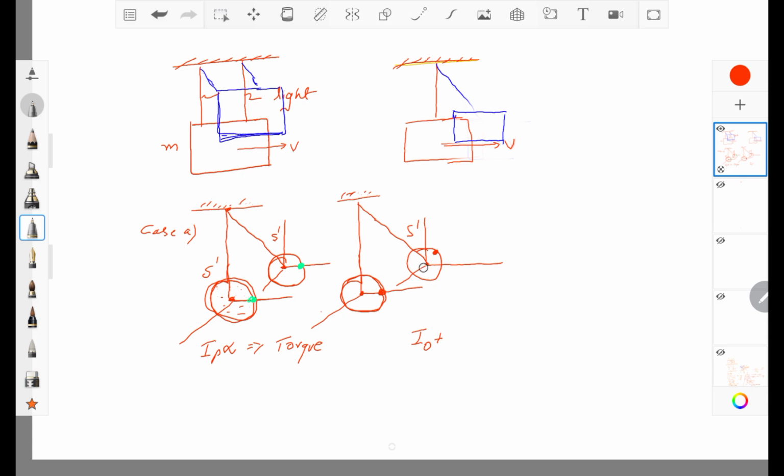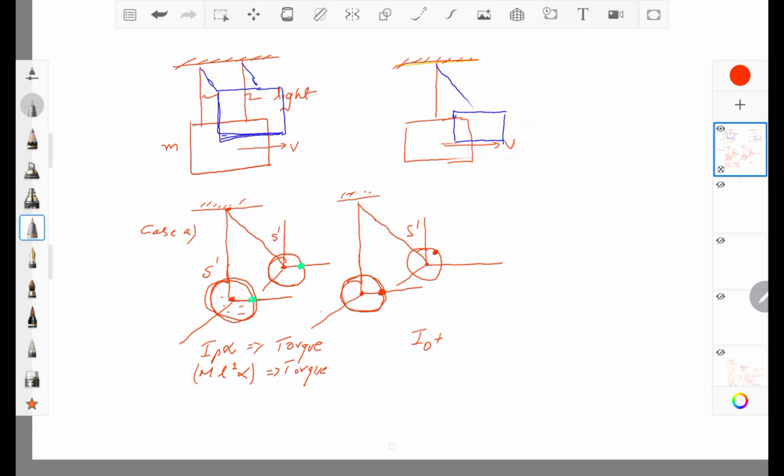So first about the center of mass frame, and then what I have used over here, I_P is ml squared, let us say, into alpha, where m is the total mass, equal to torque, right?